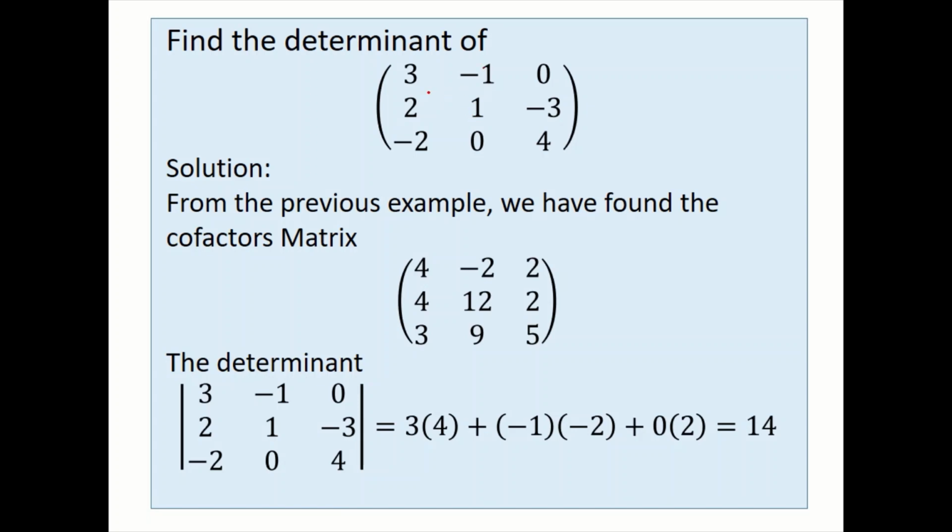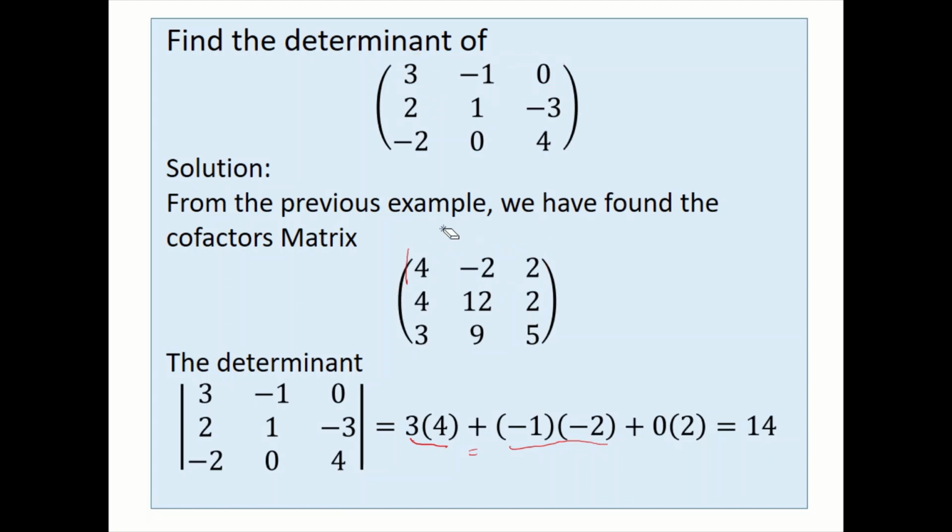So let's say we choose the first row. This is the elements and these are the cofactors. So we will have 3 times 4 here, negative 1 times negative 2. Take note that this is plus. And 0 times 2. So solving this, we have 14.